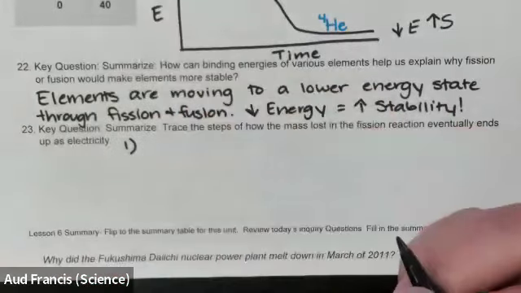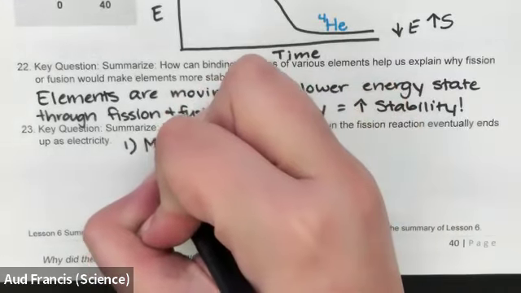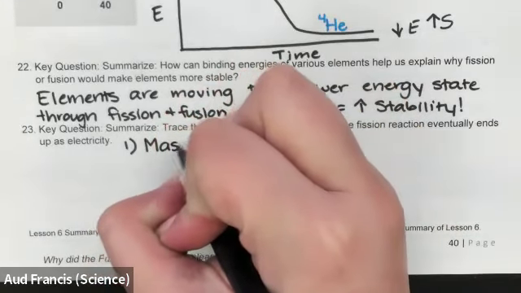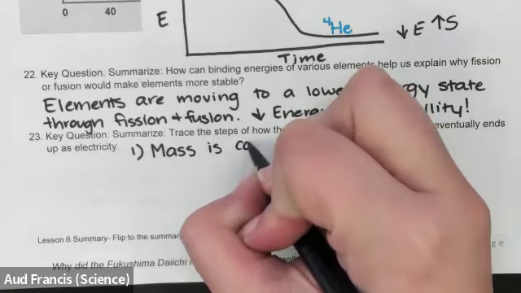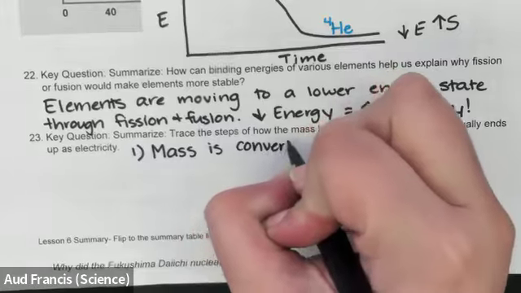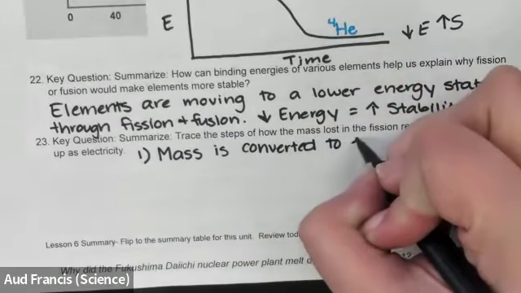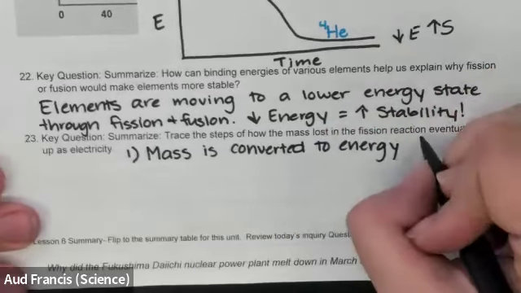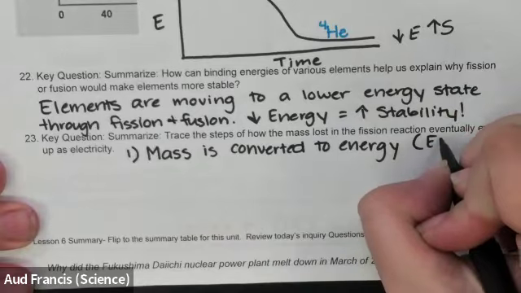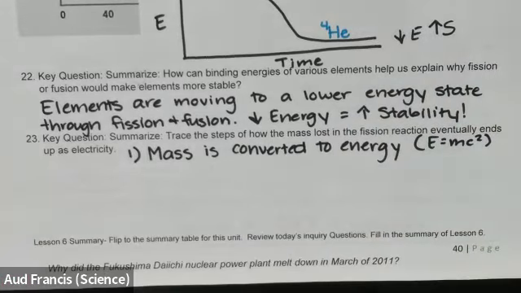Step 1. Mass gets converted to energy. And in parentheses, I'm going to put Einstein's equation just as a little reminder to myself, but that's what that does.